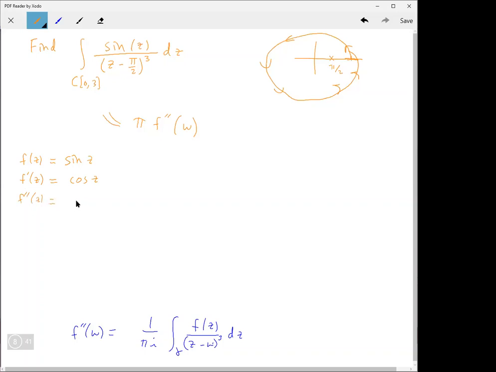Right, derivative of sine z is cosine z. And w is pi over 2, so that's -1.